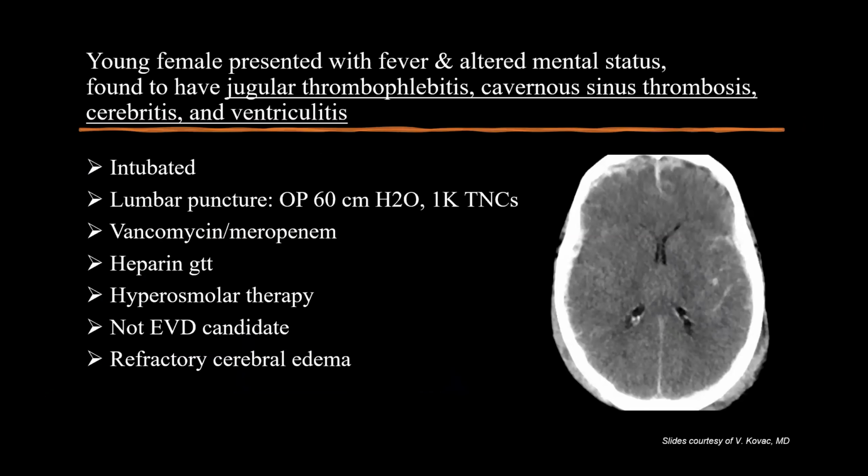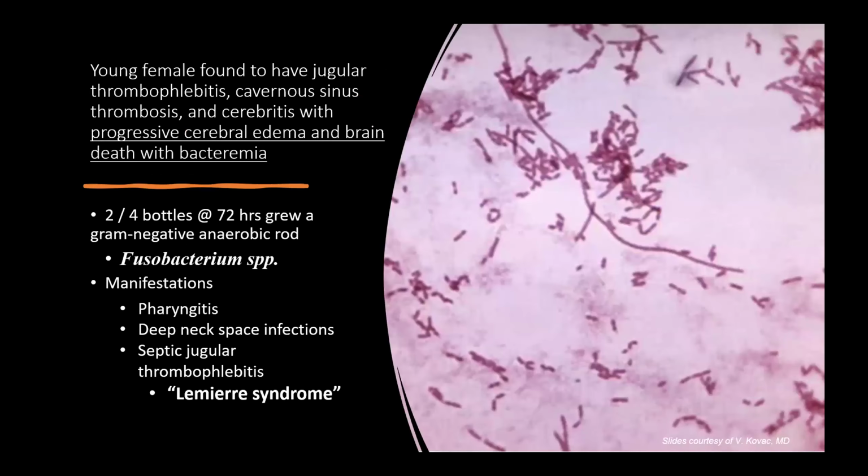She was intubated. She underwent an LP and had a very elevated opening pressure of 60 and 1,000 total nucleated cells on her CSF. She was empirically treated with vancomycin and meropenem, and put on a heparin drip. Hyperosmolar therapy was given, she was determined not to be an EVD candidate, and ultimately had refractory cerebral edema. It wouldn't be an ID talk if we didn't show a gram stain here that you see at the right.